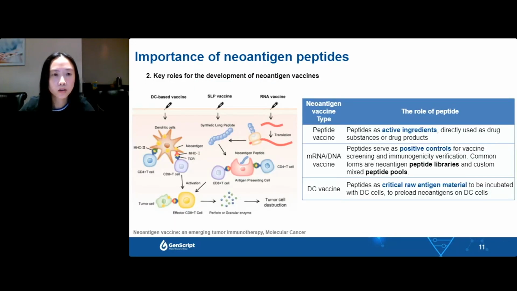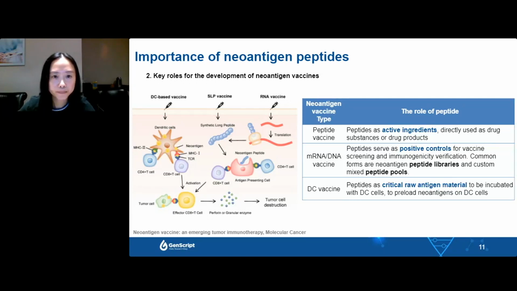Okay, we have talked about one of the reasons why new antigen peptides are important. Another reason why it's important is because the new antigen peptides play a key role in the development of new antigen vaccines. So like I mentioned previously, the typical vaccine types are listed here: DC-based vaccine, synthetic long peptide vaccines and RNA vaccines.